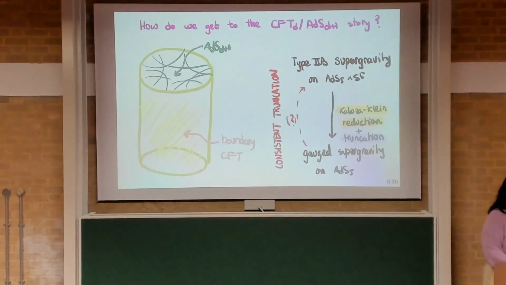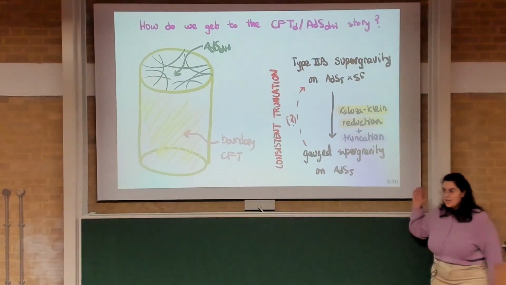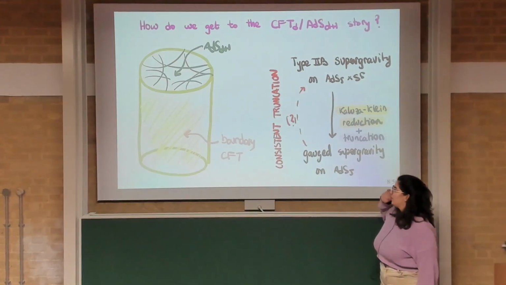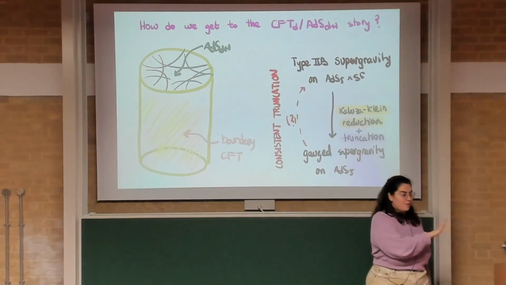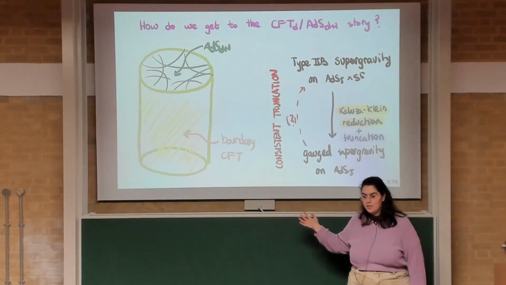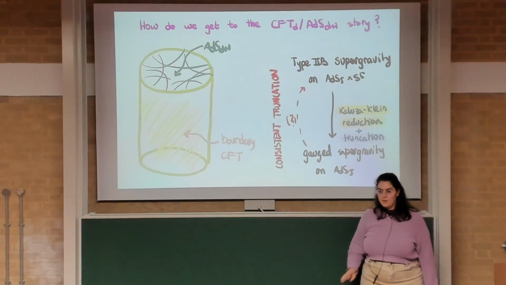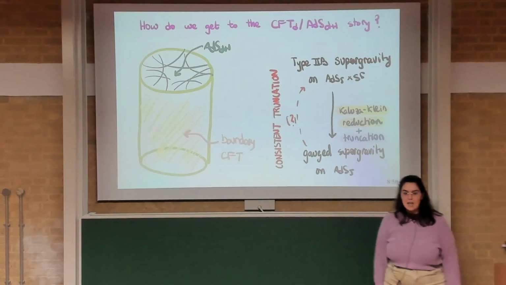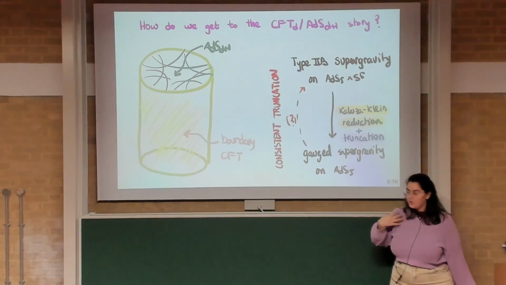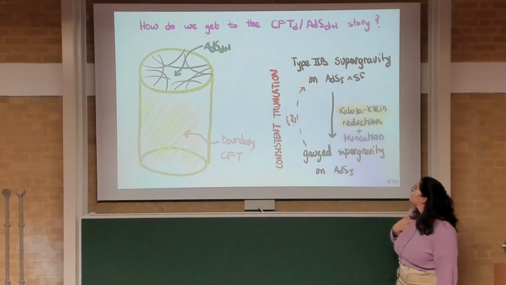Okay. But I started saying that we have a duality between this 4-dimensional theory and a 10-dimensional theory. But suddenly I went from the 10-dimensional theory to the 5-dimensional theory, and I didn't say anything about it. And that is what my project is on.